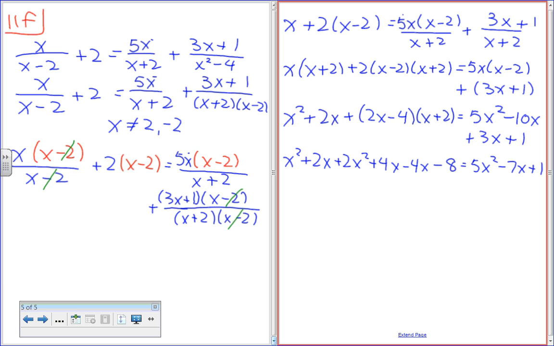And that turns into x squared plus 2x squared minus 5x squared, plus 2x plus 4x minus 4x plus 7x, minus 8 minus 1 equals 0. What I did there looks scary. All I did was move everything on the right to the left and turn it negative; what was positive became negative and vice versa.